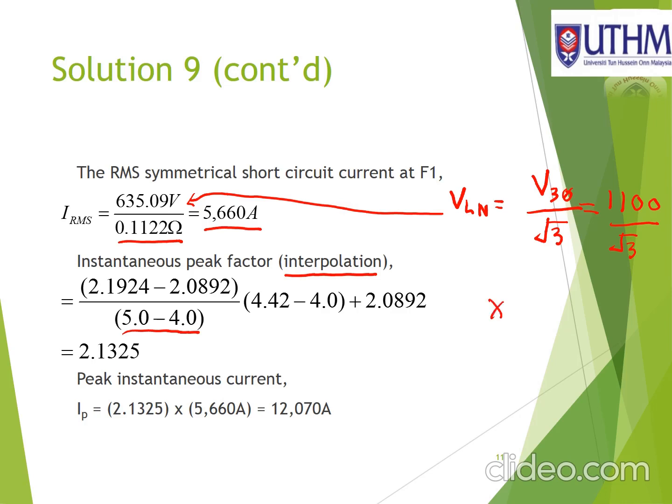So we have to refer to the table for 5 and 4 to get the value. After we get the factor, we can calculate the peak instantaneous current. I peak is equal to the factor times the I RMS. So we get the value of I peak for the instantaneous current.